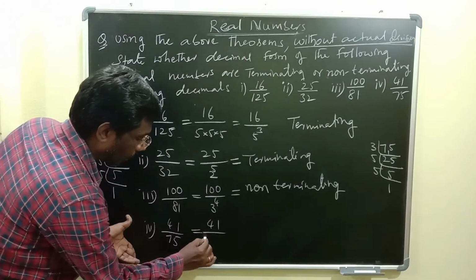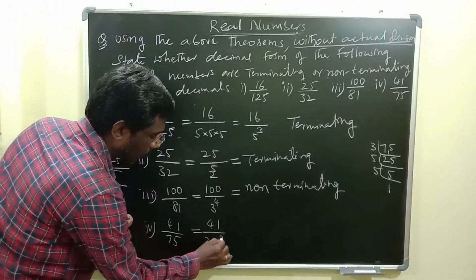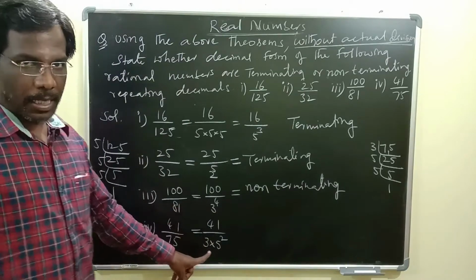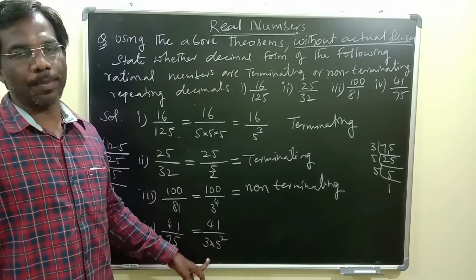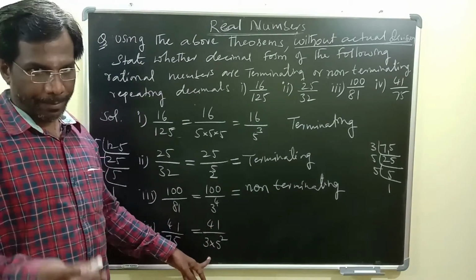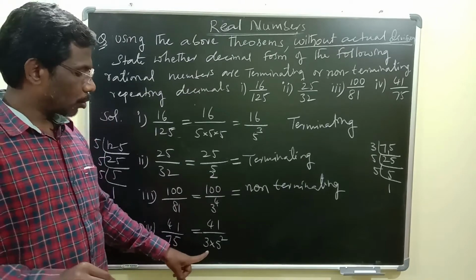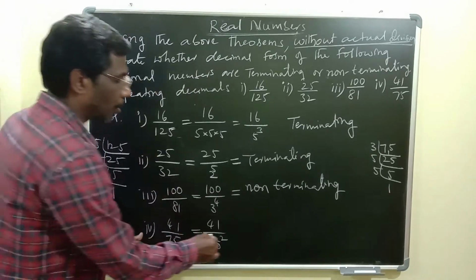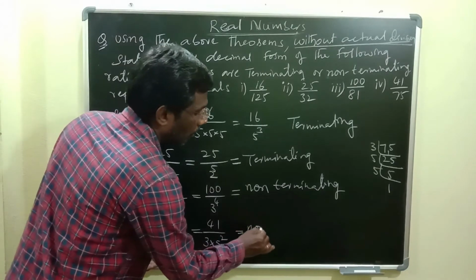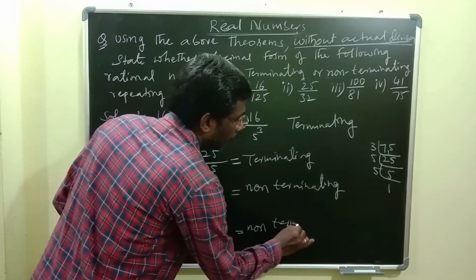So it can write now 3 into 5 square. So its denominator is not in the form of 2 power n or 5 power m or both 2 power n into 5 power m, so it is also non-terminating decimal.